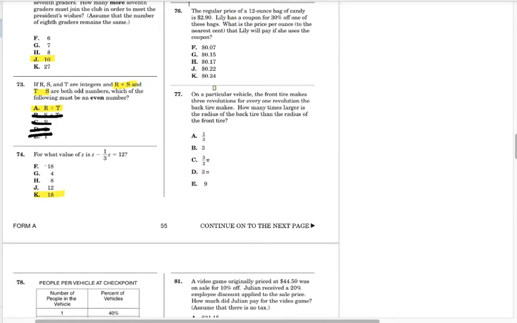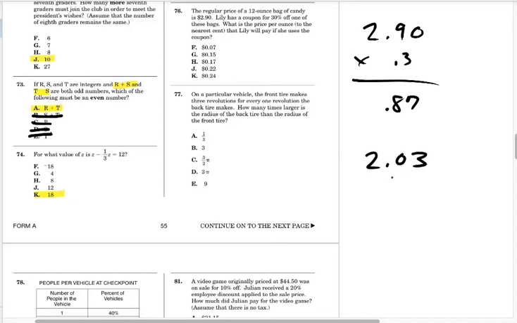Okay, 76. The regular price of a 12-ounce bag of candy is $2.90. She's got a coupon for 30% off. She wants to know how much it is per ounce. So $2.90 times the 30% will give us $0.87. Subtract that from 2.90, we end up with $2.03.